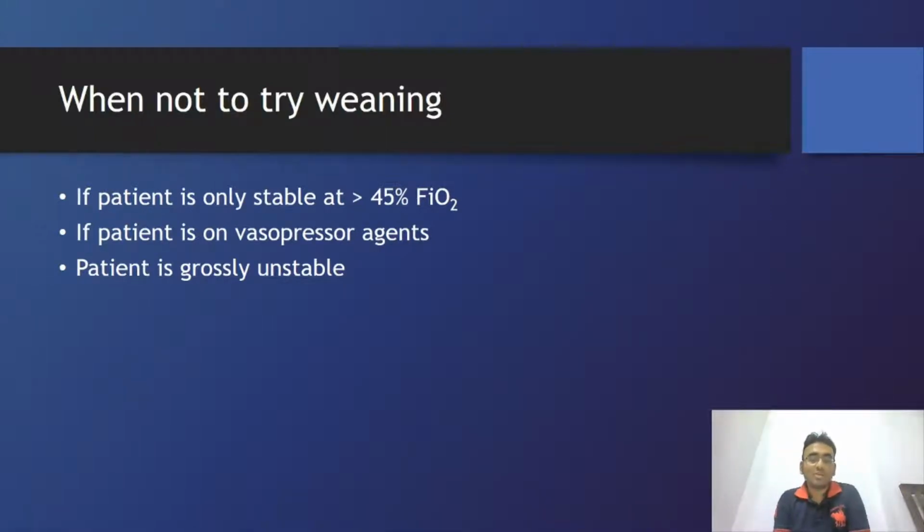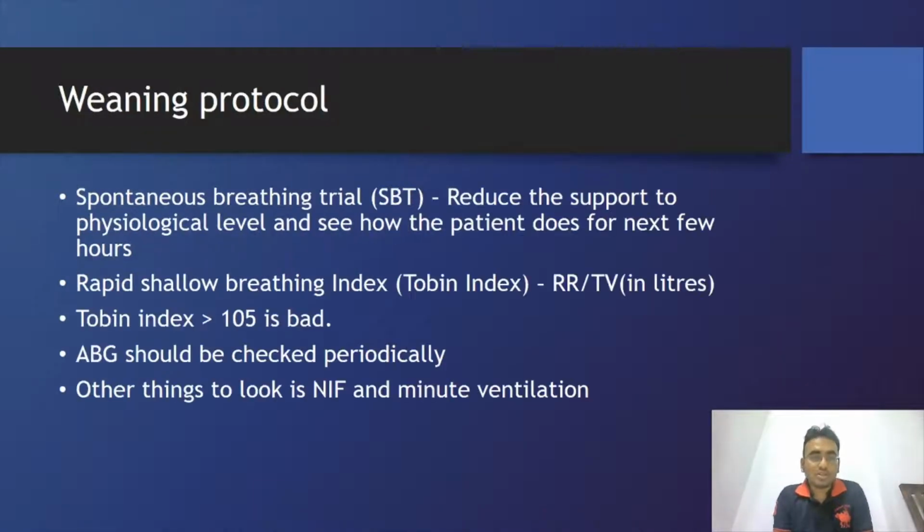When you wean off such a patient, he or she will be breathing 20% oxygen, so they will deteriorate very fast. Also, if a patient is on vasopressors, in shock, where IV fluids alone cannot control the blood pressure and you need to give dopamine or other vasopressors, you should not try to wean these patients.